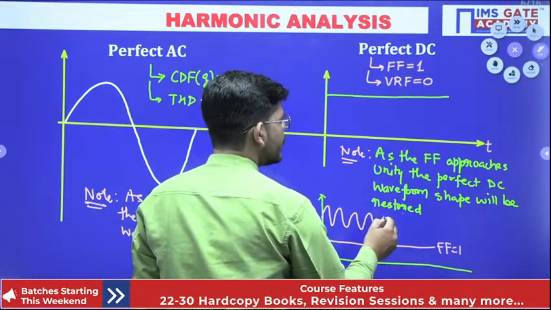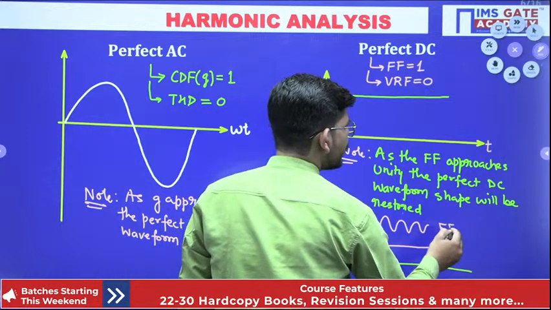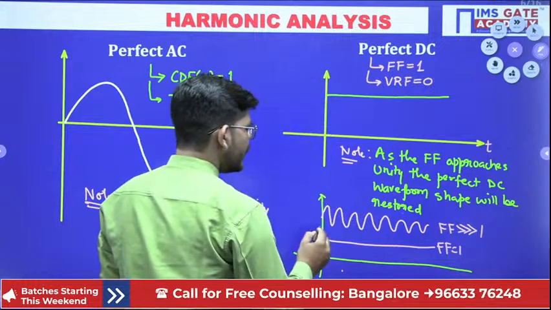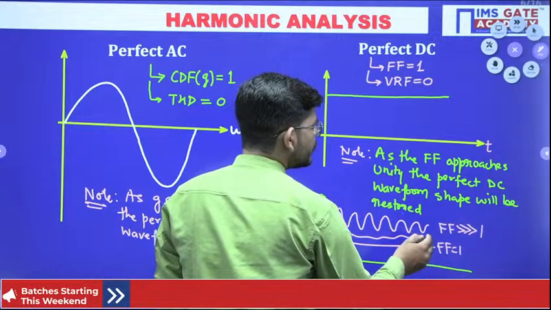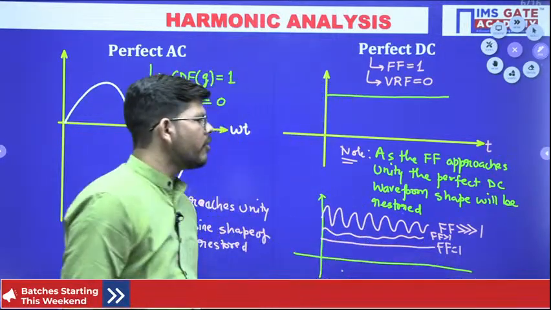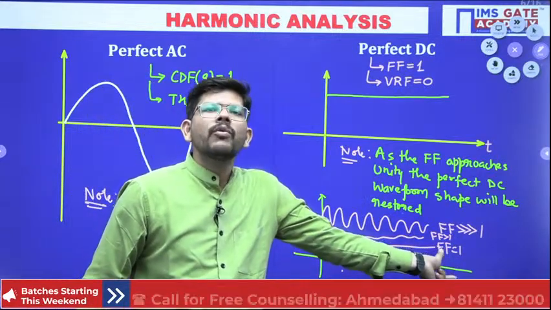Is this a perfect DC? Not at all, because it has a form factor value greater than 1. Let me draw this waveform, and in this waveform you can see it is approaching very close to the DC waveform, and it has a value of form factor quite close to 1, isn't it?